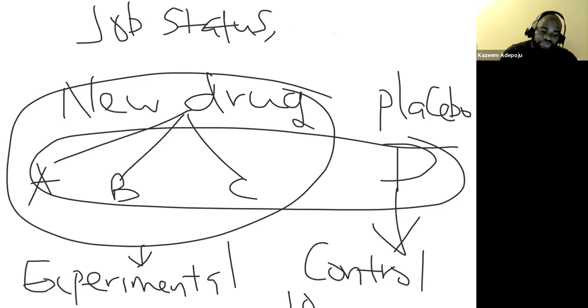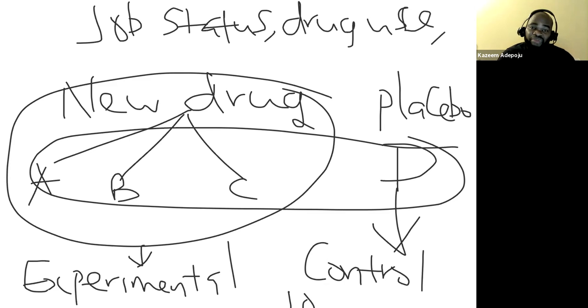So job status and drug use are the covariates. These covariates are believed to have a potential influence on depression.